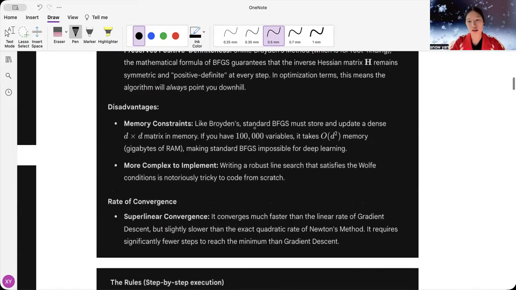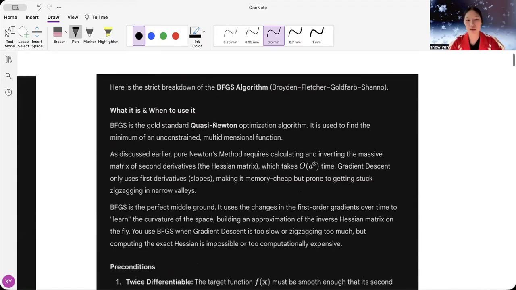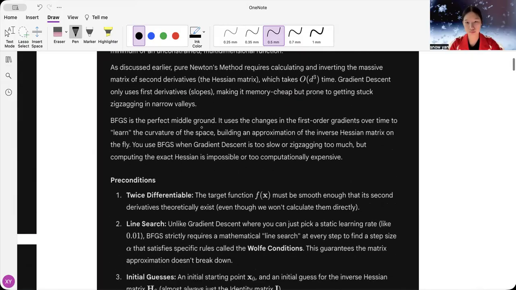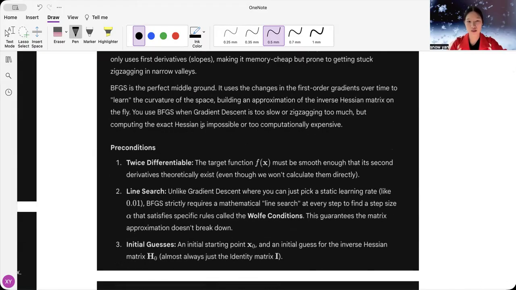And then the last one to go over is BFGS. It's the same quasi-Newton method talked about earlier, but for optimization. Basically, the idea is that it uses a lot of different approaches and takes the more optimal of each one, I'd say.